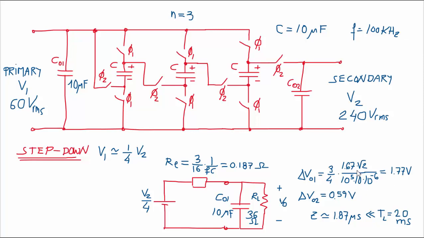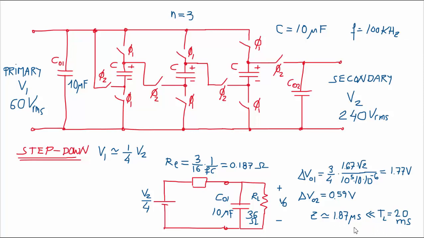So the maximum values will be something like 1.77 volts and the other one 0.59 volts. Very much lower than this value here, 60 volts RMS, so this will be okay. And also the time constant is 1.87 microseconds, so it's much lower than 20 milliseconds, so we are good also with this value.